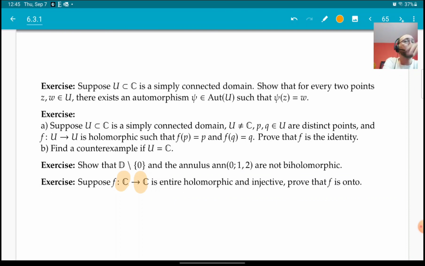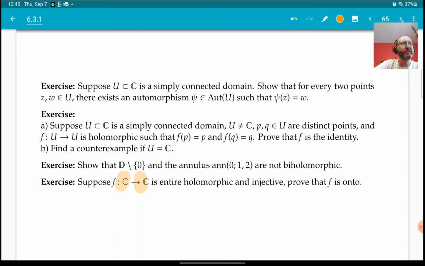So next time we're going to skip to 6.3.3. I'm going to skip 6.3.2, an optional section. We're going to prove a thing that I postponed before: given any compact set, you can find a cycle around it.